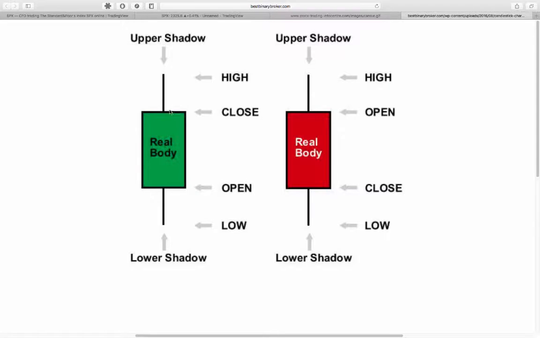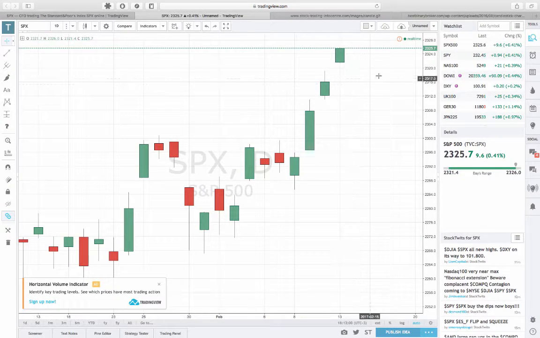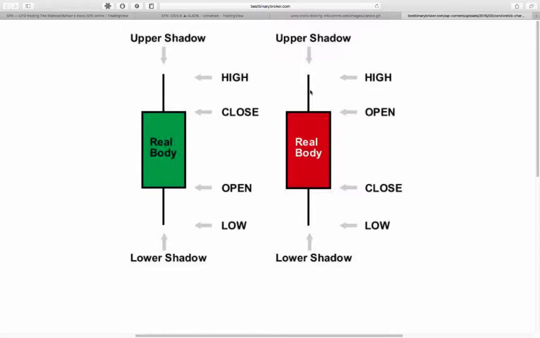It may have an upper shadow, and it may have a lower shadow. All it needs to have is a real body. They're also represented by 2 colors. In this case, we have green and red, and if you look at TradingView, we have green and red. It also can be black or white, or any other color which you want to set it to.